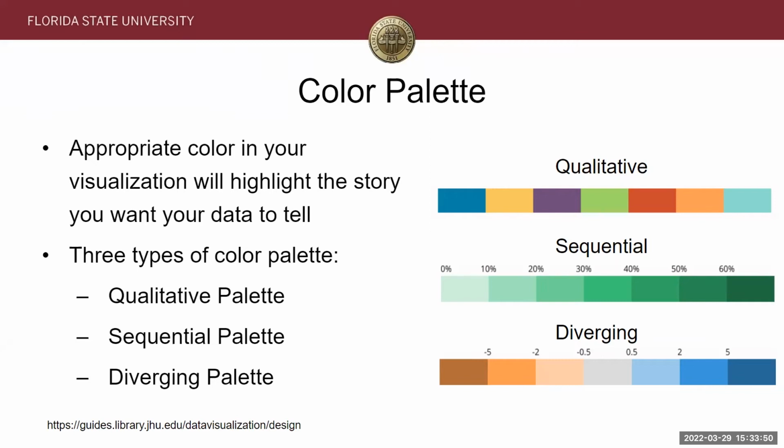The next type is a sequential palette. And this is used for data that is numeric or does have a natural ordering, so there is some sort of continuum that you're looking at within a certain category of data. In this case, your colors are assigned to data values along that continuum, usually using either different hues or different lightness, or in some cases, both.